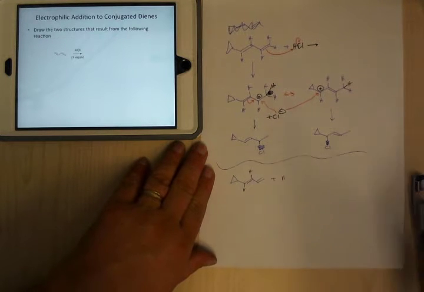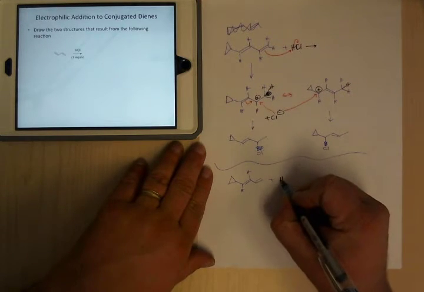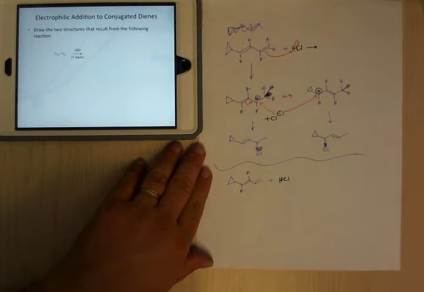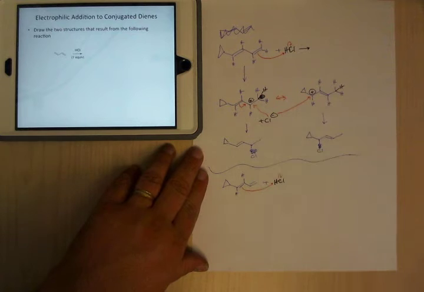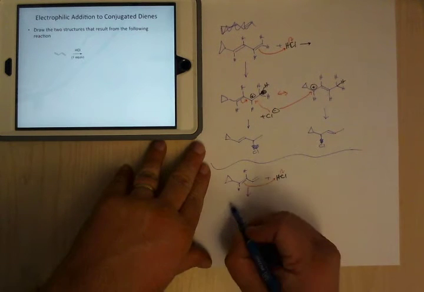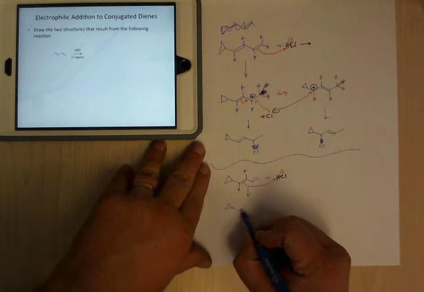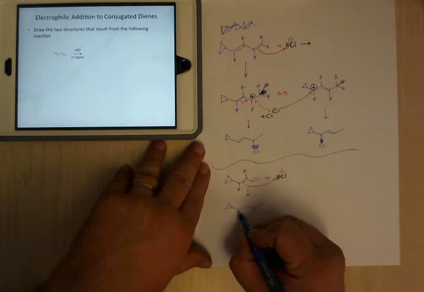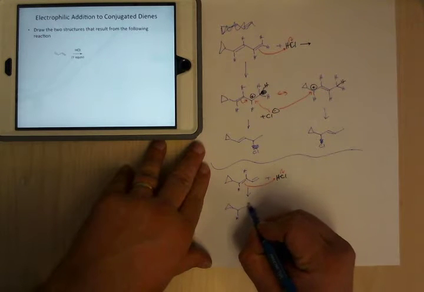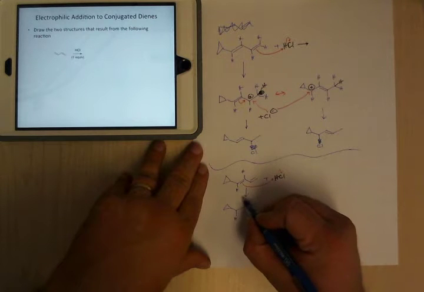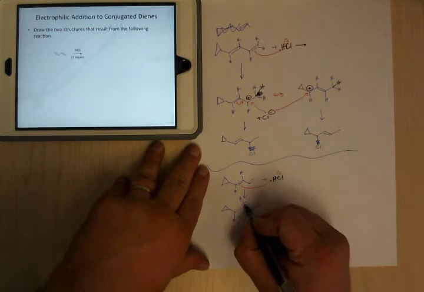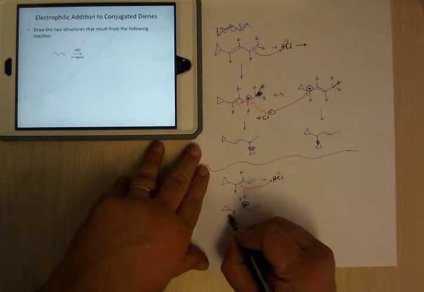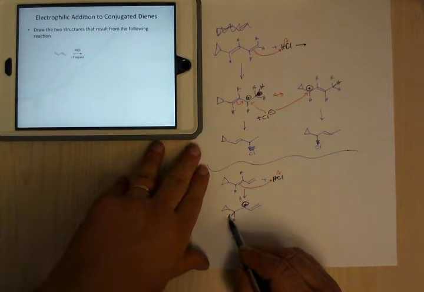Plus HCl. So now we're getting attack from that double bond. And so now the positive charge is there. Now we're going to add the hydrogen there.